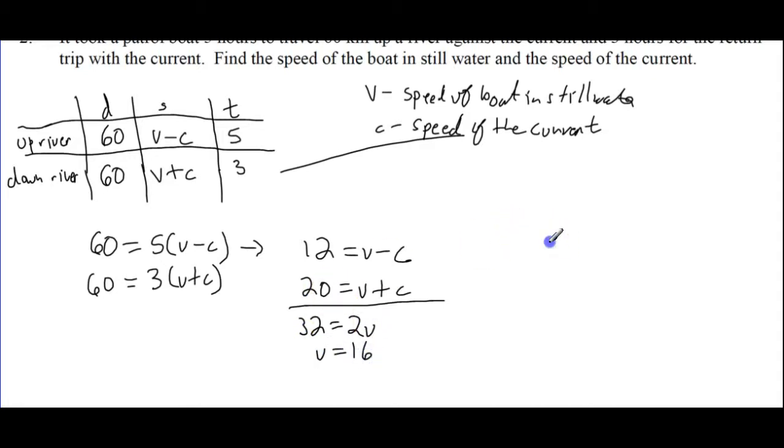And then we go to one of these. So 12 is equal to 16 minus C, and C is equal to 4. And then we state that.